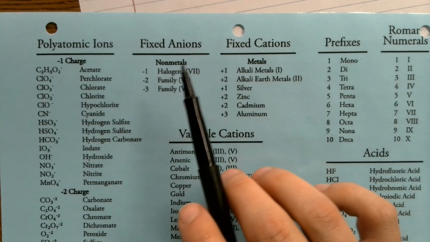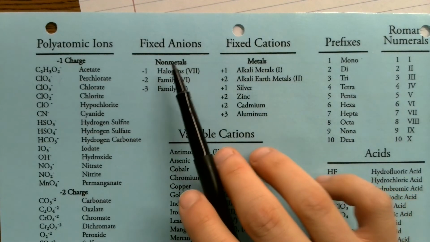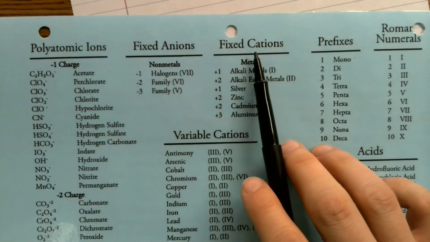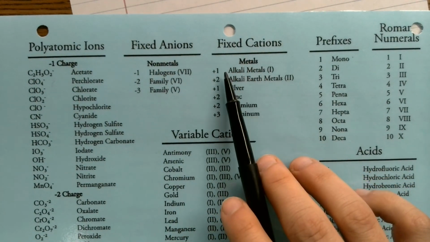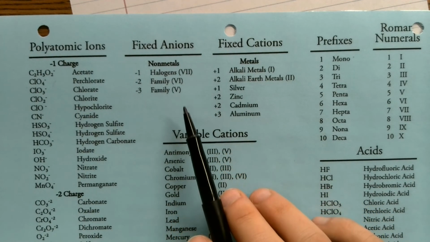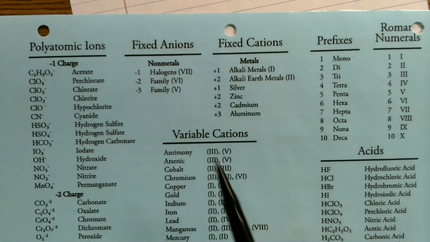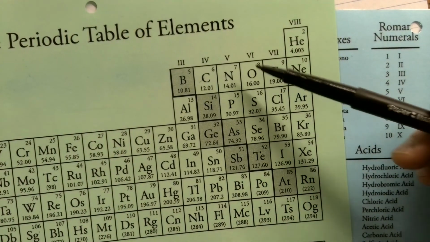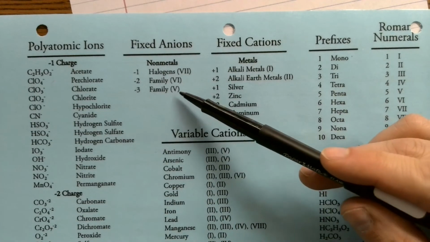And then right here, we have our fixed anions and cations, right? Because anions are ions that have a negative charge, and fixed cations are atoms with a positive charge. And we know that the halogens and group 6 and 5, okay, are all going to form compounds like -1, -2, -3, and that's right here.